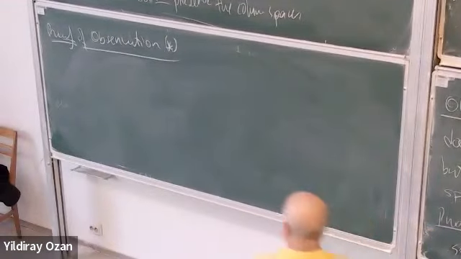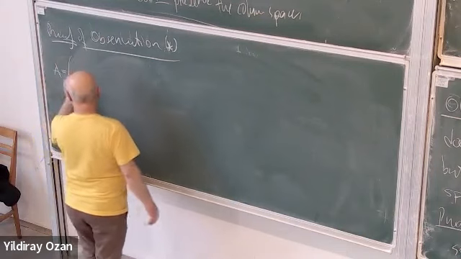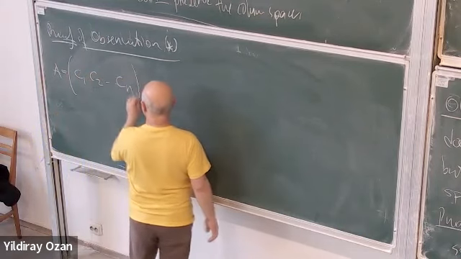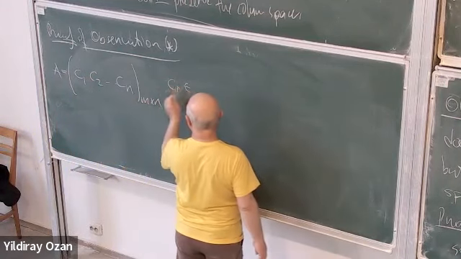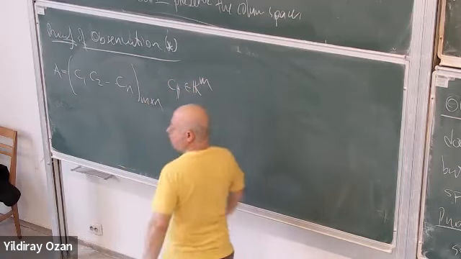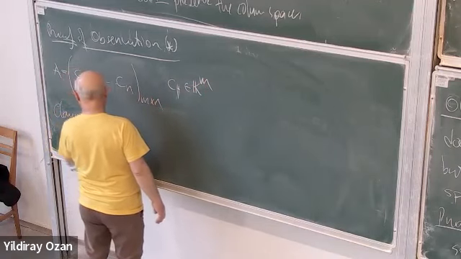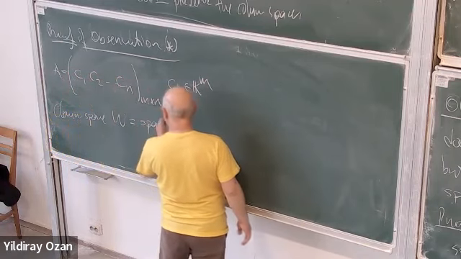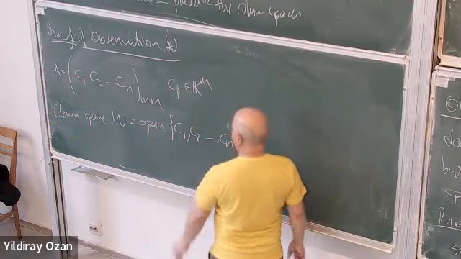Well, I have a matrix. I have columns, and many columns. So this is an n by n matrix. Each column is a vector in K^m, and the column space is W. It is the span of C1, C2, Cn.